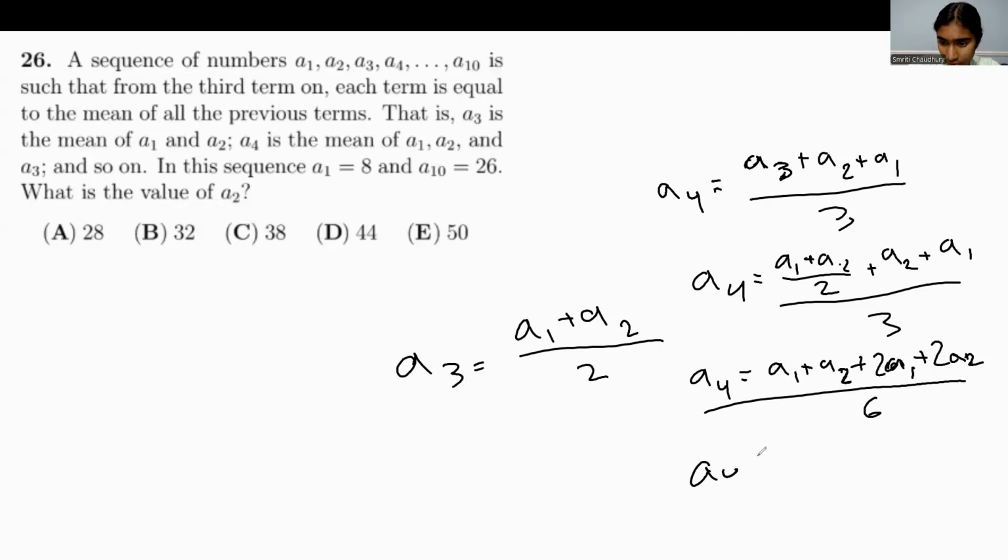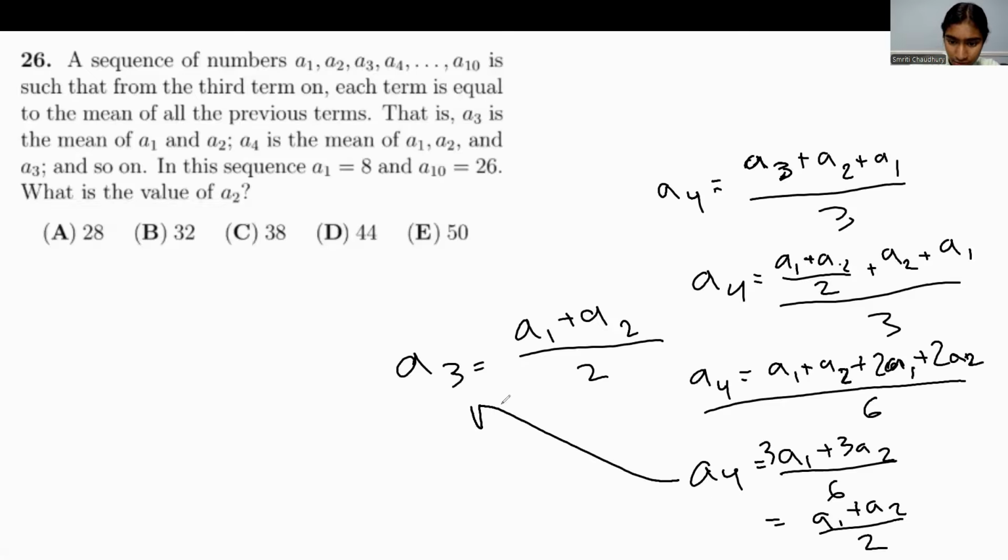So A4 equals 3A1 plus 3A2 over 6, which is A1 plus A2 over 2. And realize that that means A4 and A3 are equal.